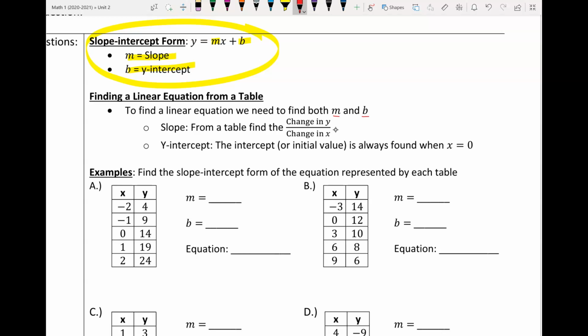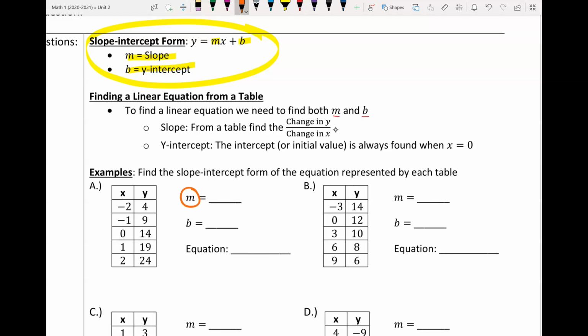The y-intercept, our initial value, is always found when x equals 0. We can even find that first if we wanted to, but most of the time it's more useful to do the slope first. So let's go ahead and do that.